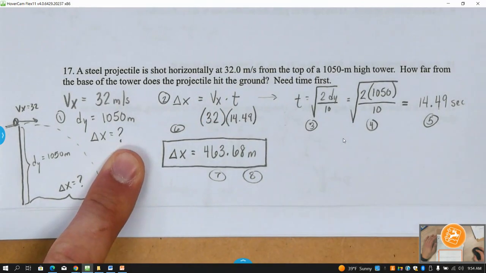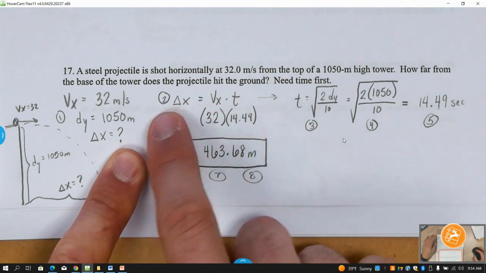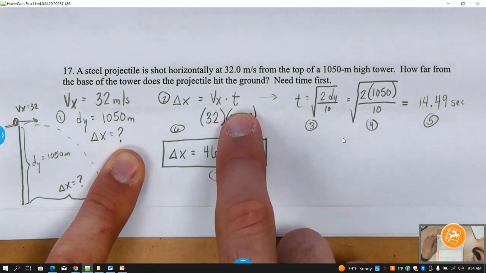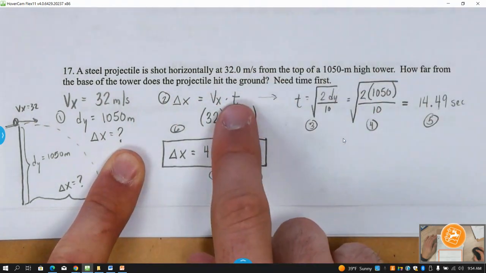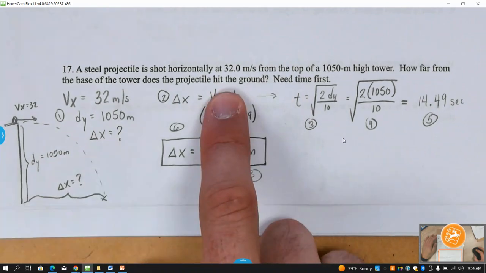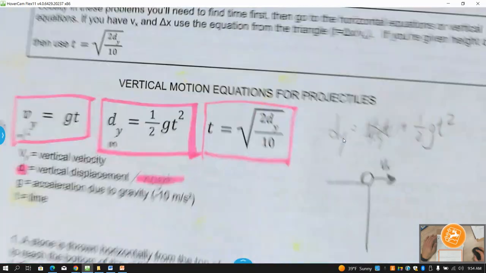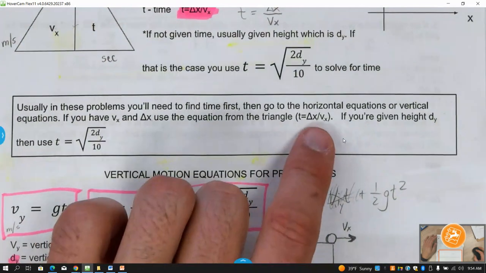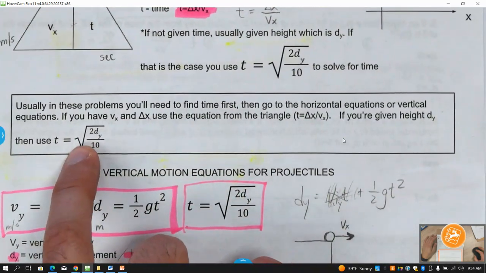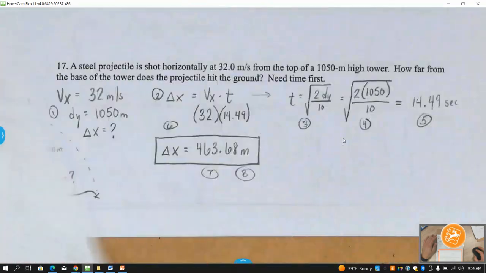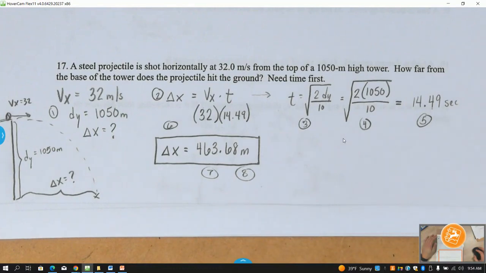If I do, awesome, just solve it. If not, like we didn't have t, then we had to look at our equation sheet and figure out what to do, which was basically listed right here for us. So we couldn't use this one, so we had to use this. We plugged it in, got our answer, and boom, we did it.